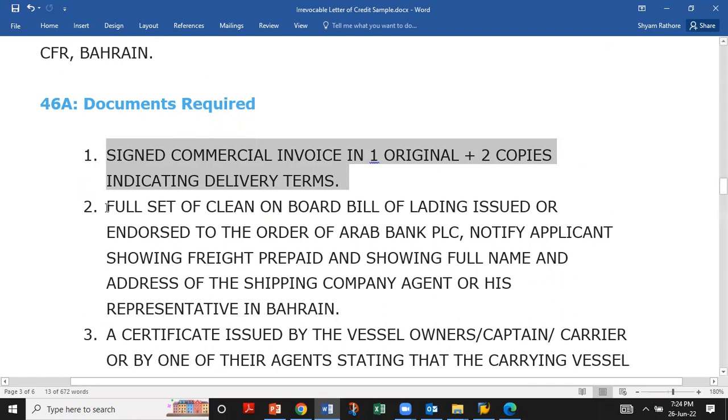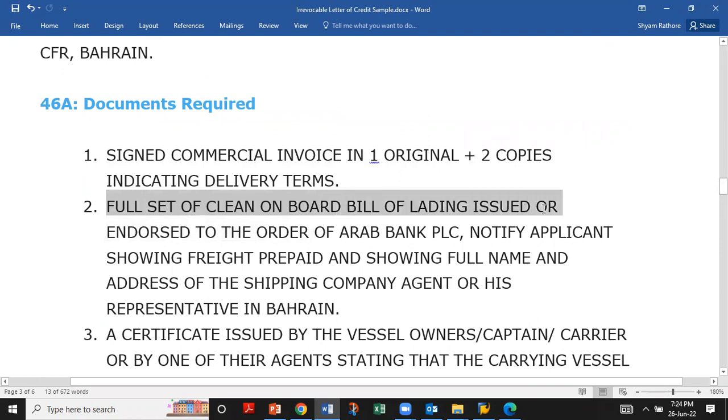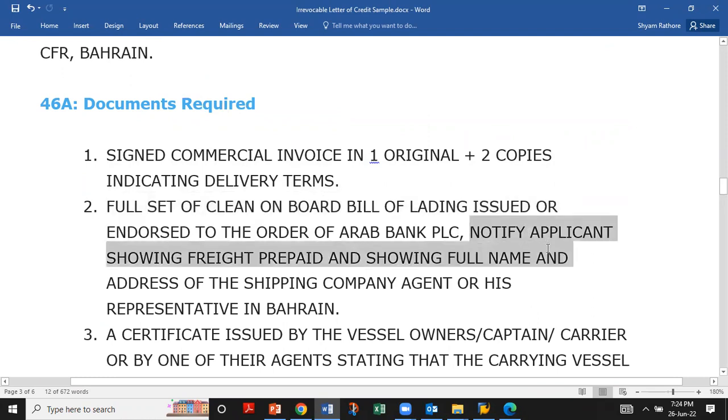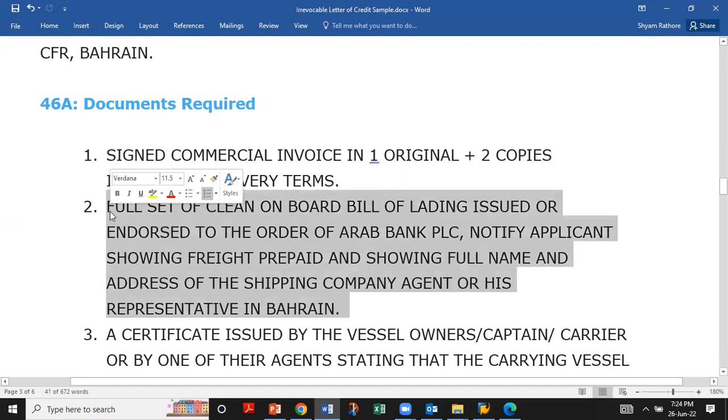Next, point number 2: a full set of clean on board bill of lading, issued or endorsed to the order of Arab Bank PLC and notify applicant, showing freight prepaid, showing the full name and address of the company and its agent or representative in Bahrain. Here the exporter needs to present a clean bill of lading to the bank.